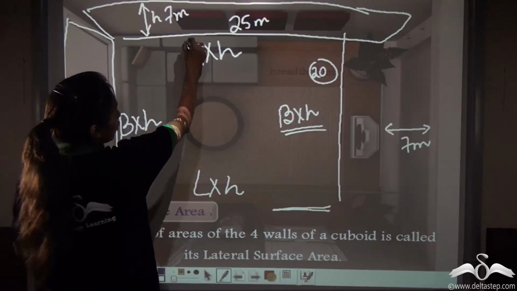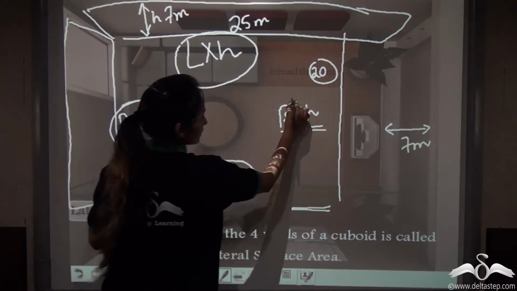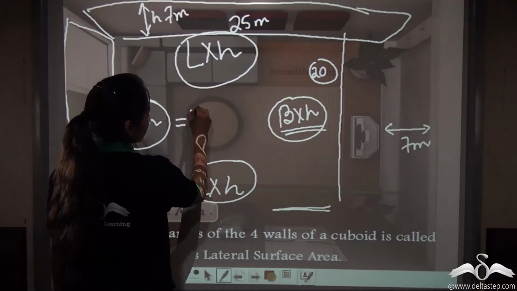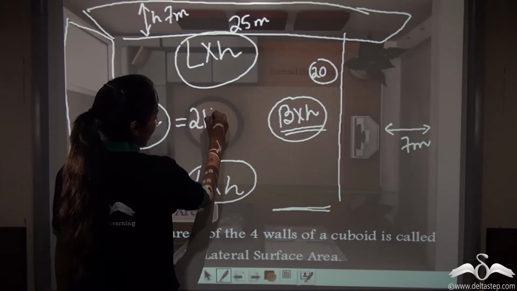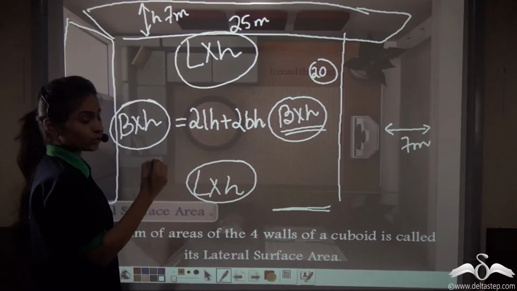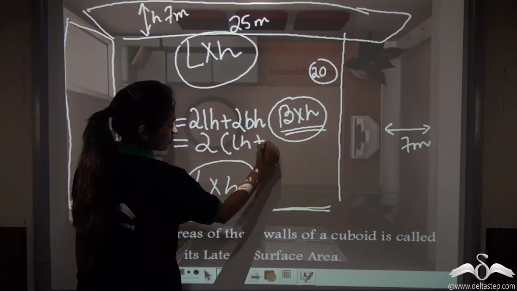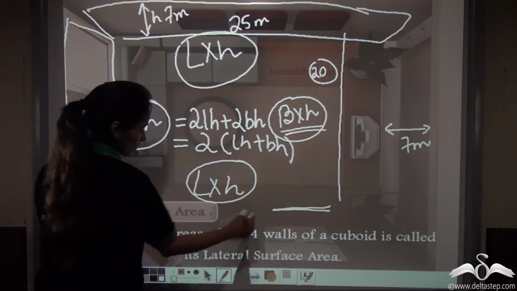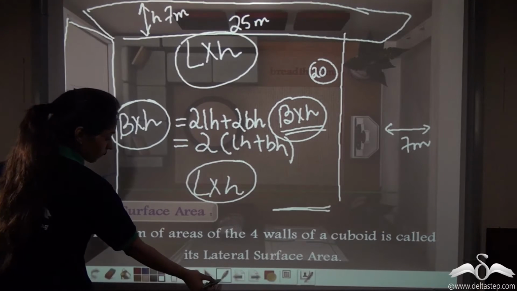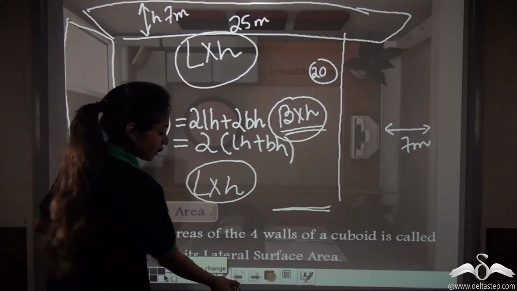We'll get 2 length into heights and 2 breadth into heights. So we get 2LH plus 2BH, or taking 2 common, we get 2(L plus B)H. So this is how we calculate the lateral surface area.